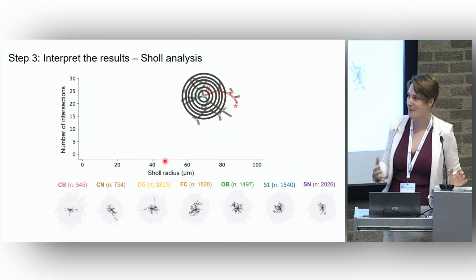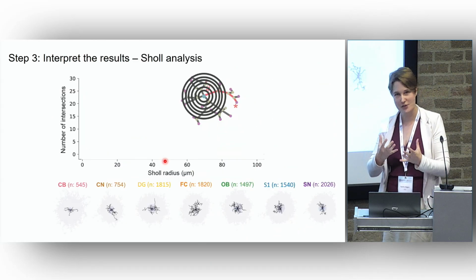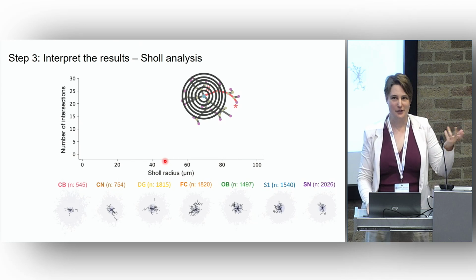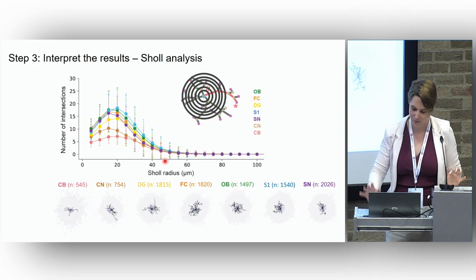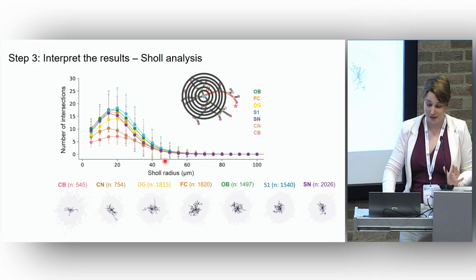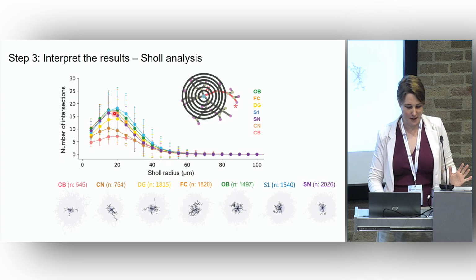Another famous parameter everybody uses is Sholl analysis, in which you form concentric circles around the microglia and count how often the processes go through. We did this and ran into a similar problem in the adult microglia context. We could distinguish the cochlear nucleus and cerebellum, but not the other brain regions.